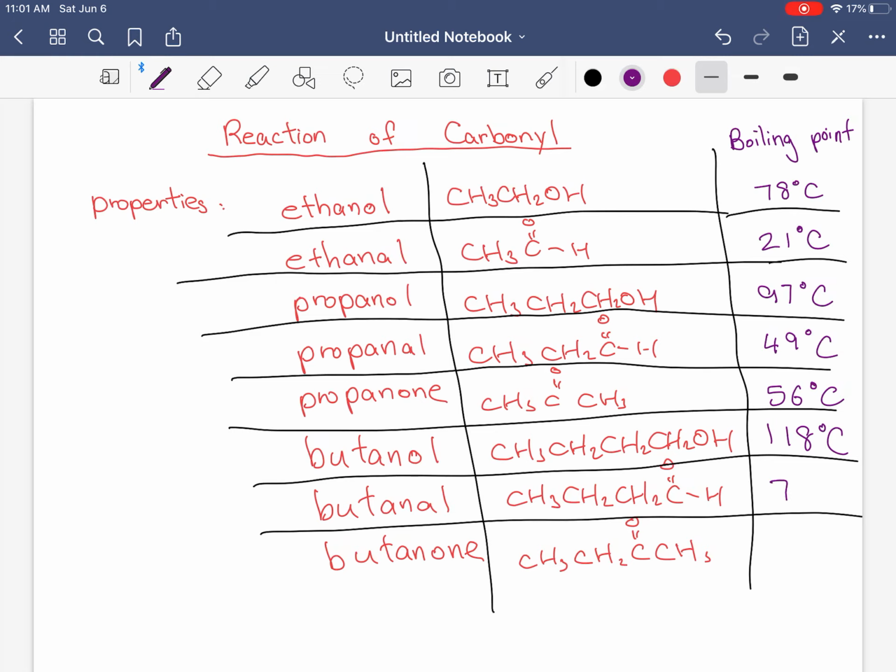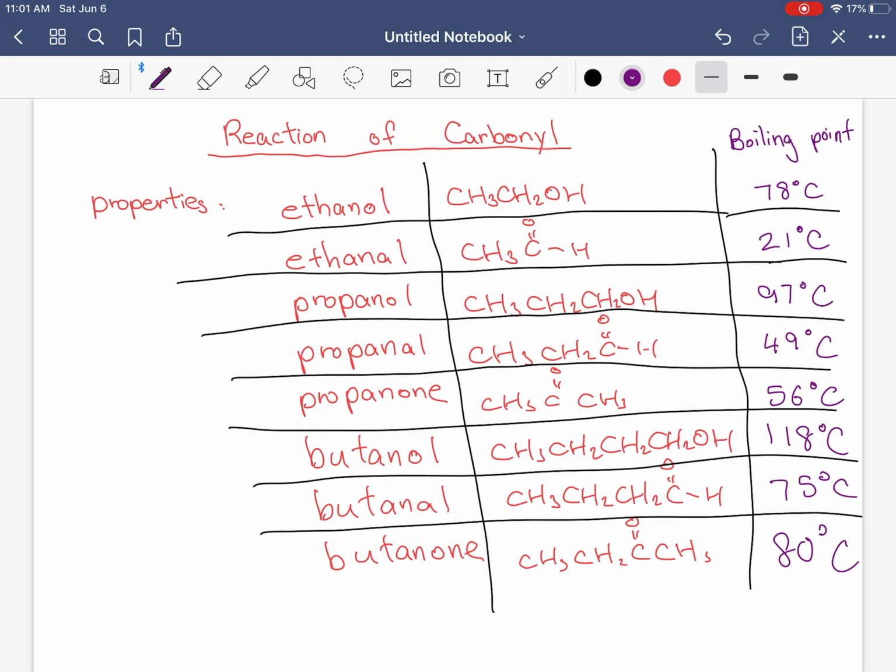Butanal is 75 degrees. That's not surprising because propanal was 49 degrees. So that has to go up. We know the fact that butanone is going to be above butanal. It's not going to be much. You're looking at 5 degrees.